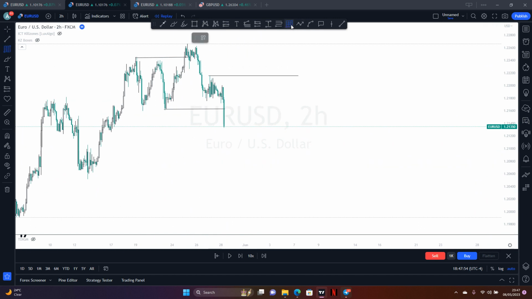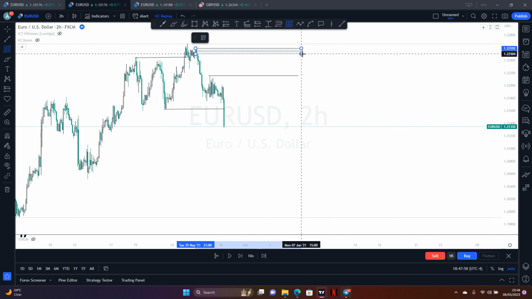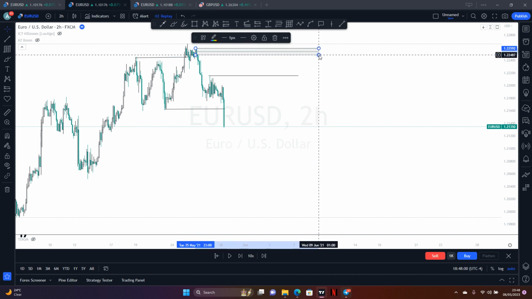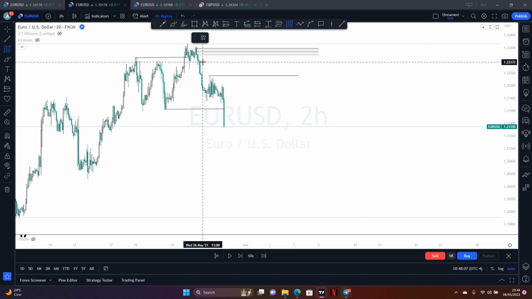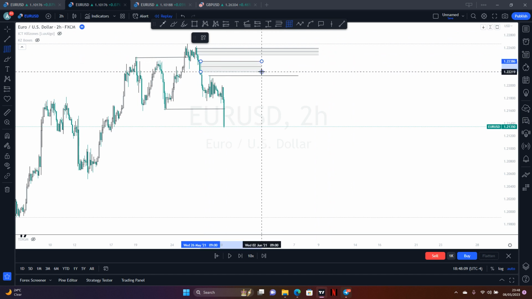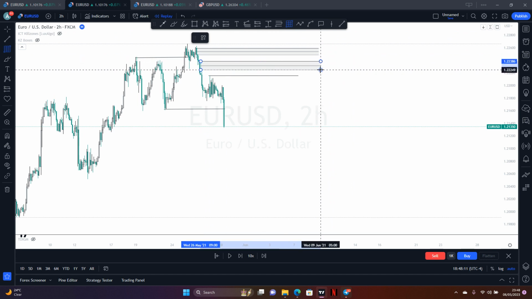So this is a very important idea of a failed swing, because price has failed to produce a new high after breaking the last one. This is an example of a failed swing.